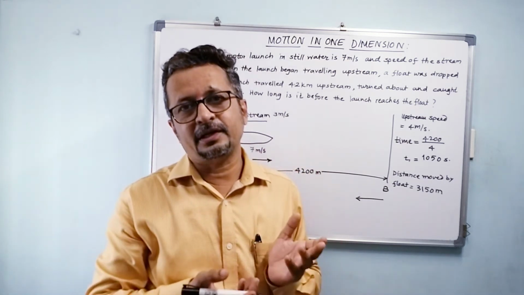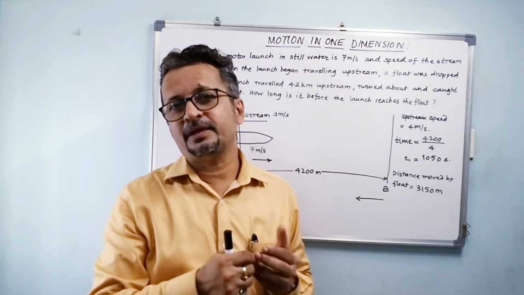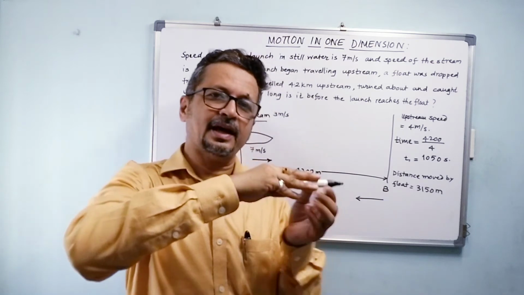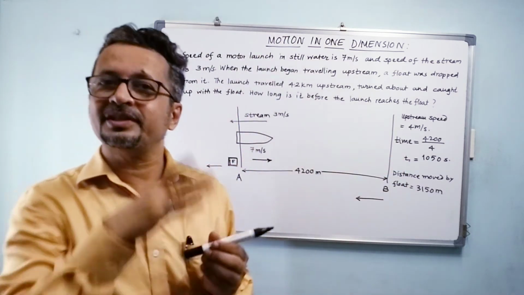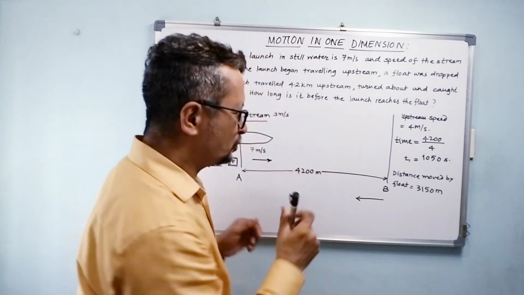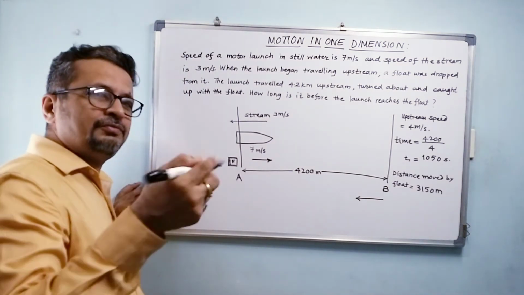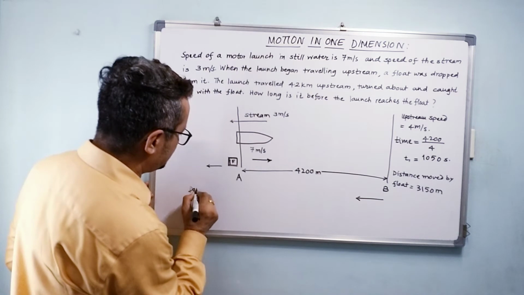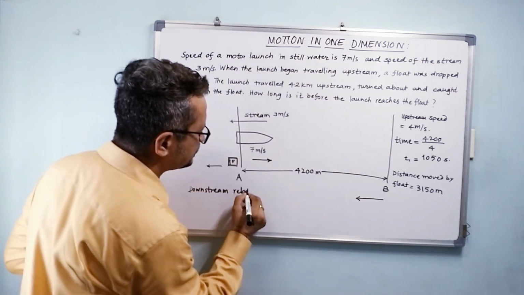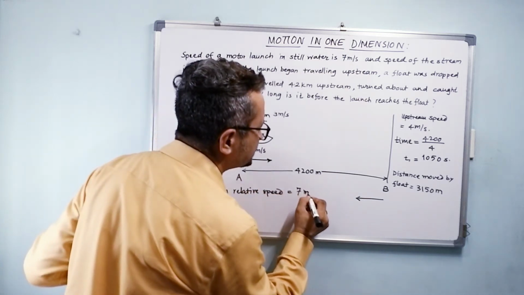But ultimately what would be the relative speed? This is moving with 7 plus 3, that is 10, and that is moving with 3. So resultant speed downstream is going to be equal to 7, correct? Downstream relative speed is going to be equal to 7 meter per second.